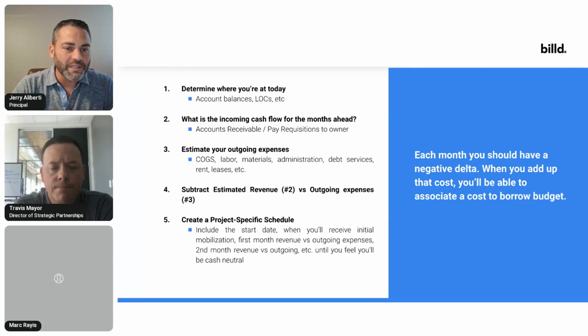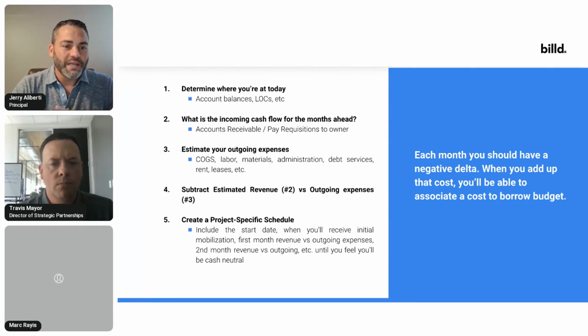Then your next step is to estimate your outgoing expenses: your cost of goods, the labor, materials, your back office, your administration, your debt services that you have currently in play, the rent, your leases, et cetera. And again, you'll go out several months, 6 months, possibly a year if you can, and then you'll break out maybe the next couple of months into a per week basis.